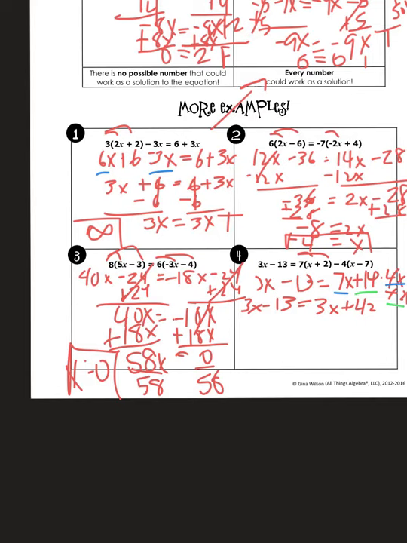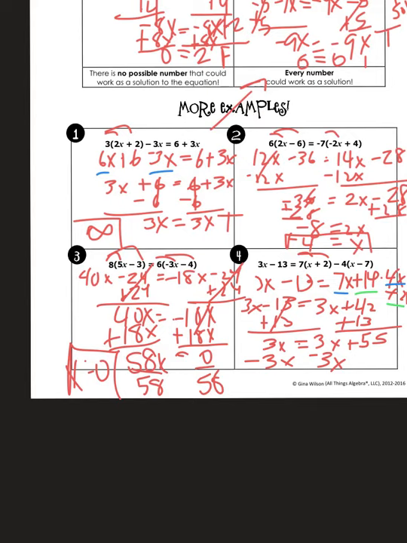Let's continue to solve. Let's move 13 over. 3x equals 3x plus 55. Now we'll subtract 3x from both sides, and what happens is our variables cancel out. This is the key. This is what I was missing in the last example.